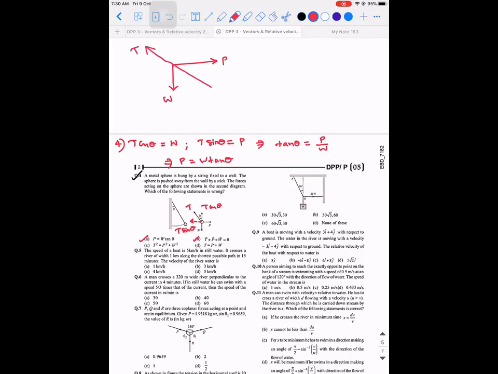If I draw a vector of equal magnitude exactly in the opposite direction, then what will this vector be? Minus T. Now if you observe, is this not forming a parallelogram? Then can I write minus T vector is equal to P vector plus W vector? That we can obtain from here also.